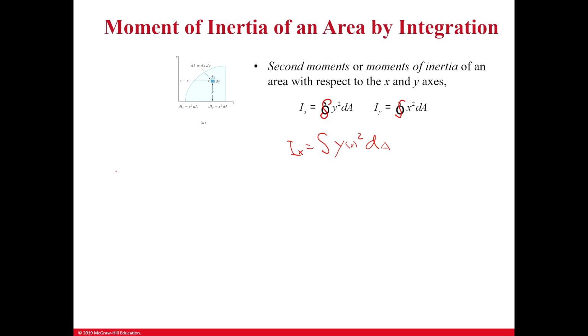So for instance, if your function y of x was a perfect wave, say sine of x, the second moment of inertia with respect to the given axis for that wave, with axis x and axis y, the moment of inertia with respect to x is sine of x, everything squared, dA, not just x squared, everything squared.